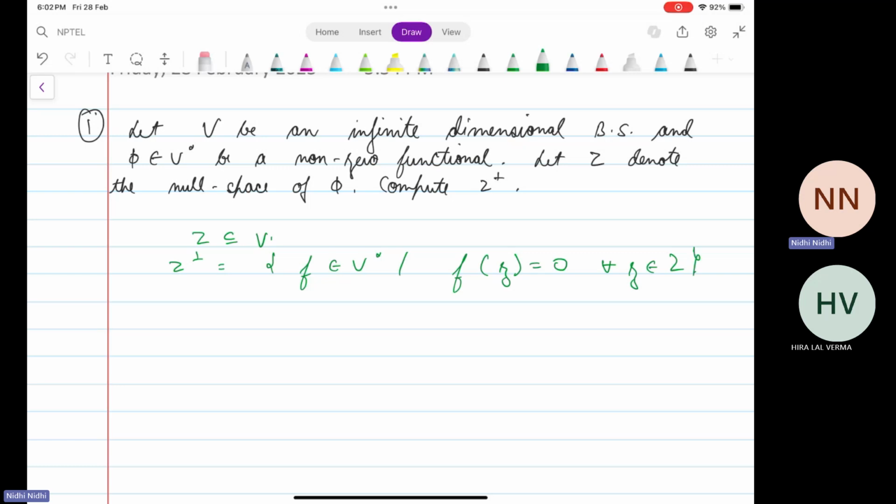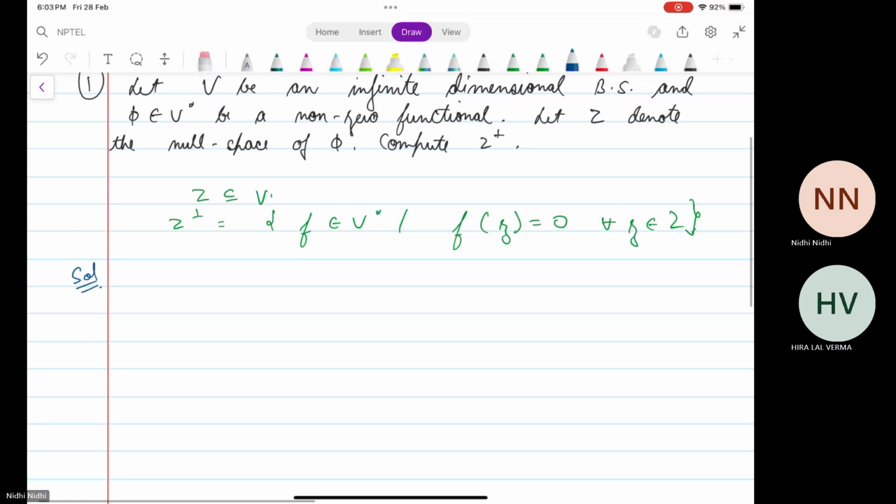This is the definition of Z perpendicular. Now we need to compute Z perpendicular where Z is the null space of a non-zero bounded linear functional phi.